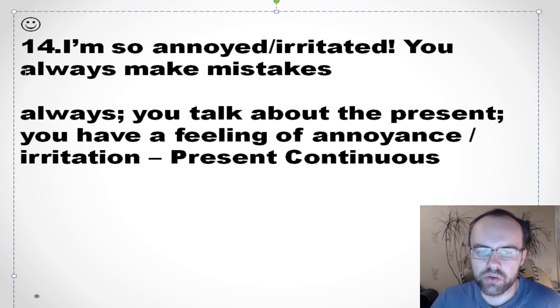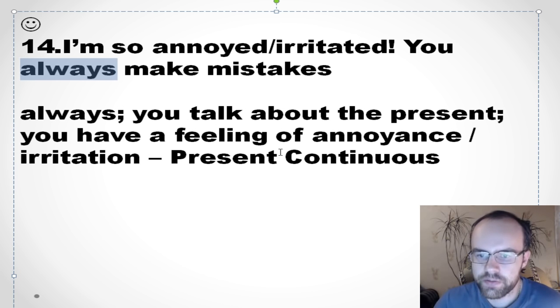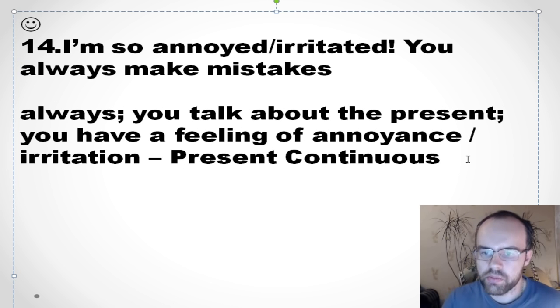So I know that we use always with present simple, yeah, but if you're really annoyed, if you're really irritated, yeah, you have a feeling of annoyance, irritation, use present continuous.